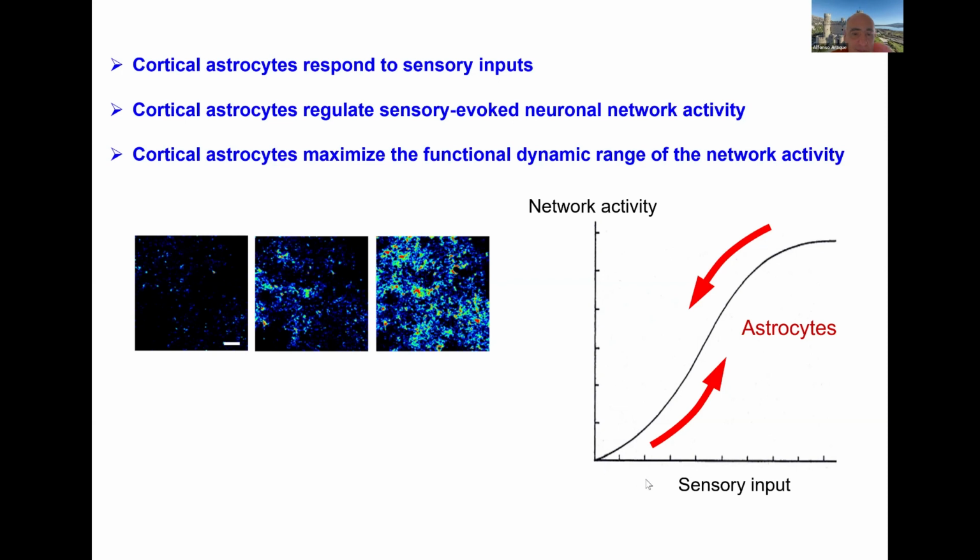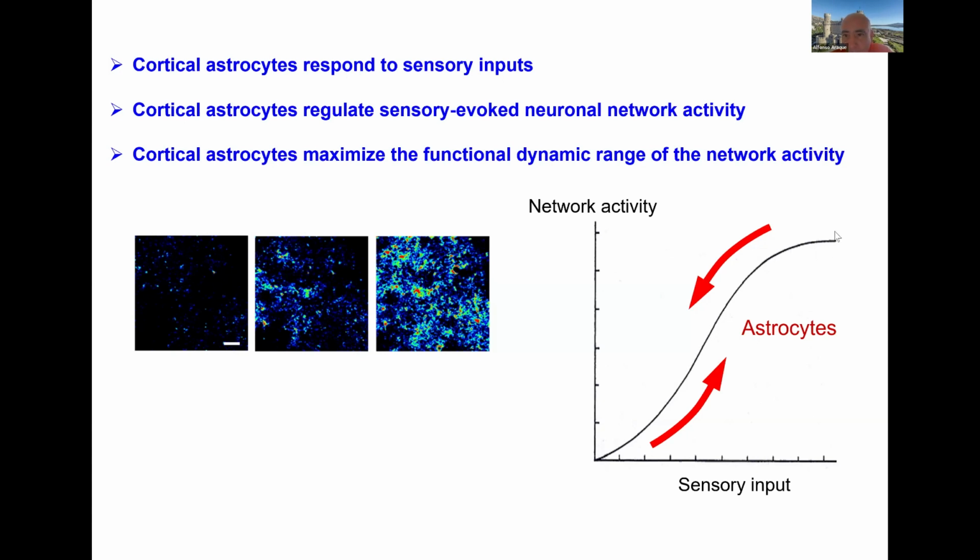However, when the sensory input is absent, in resting states, the astrocytes would enhance the delta activity to move also the network activity to this medial point here. The biological advantage of that is that when you have the network activity in the middle point, then you can have a huge increase in the functional dynamic range. Small sensory input changes could produce huge changes in the network activity.